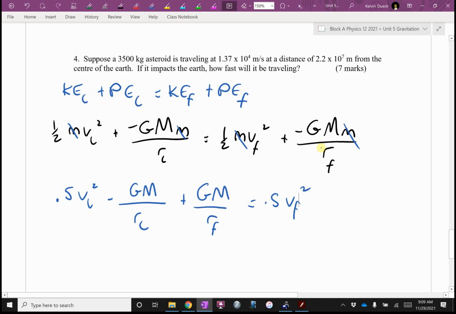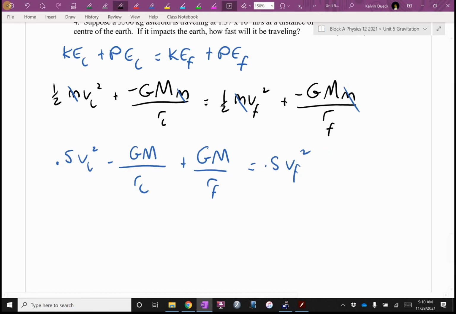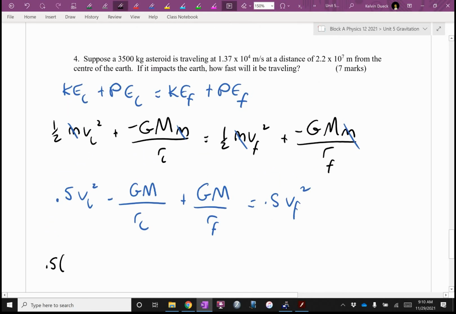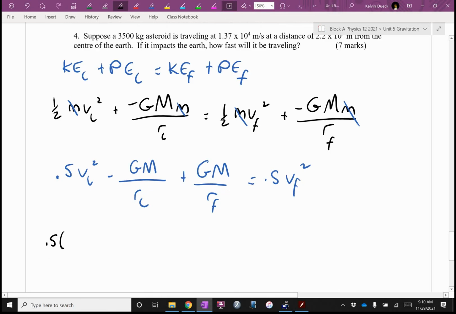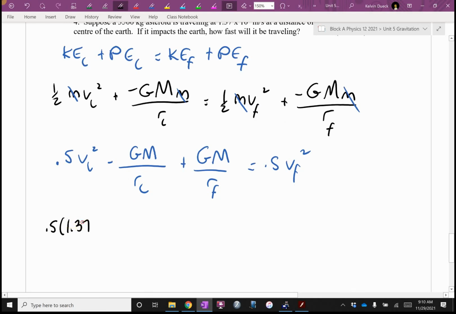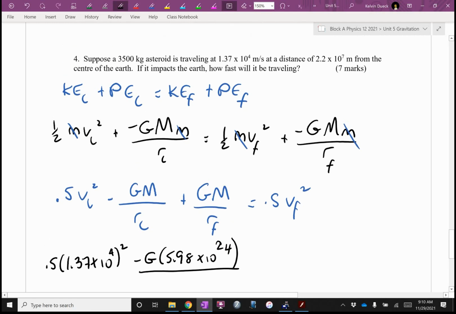And I'm going to start crunching numbers right now. 0.5 V initial, 1.37 times 10 to the 4th, don't forget the squared, minus big G, 5.98 times 10 to the 24th, all over, where do we start?